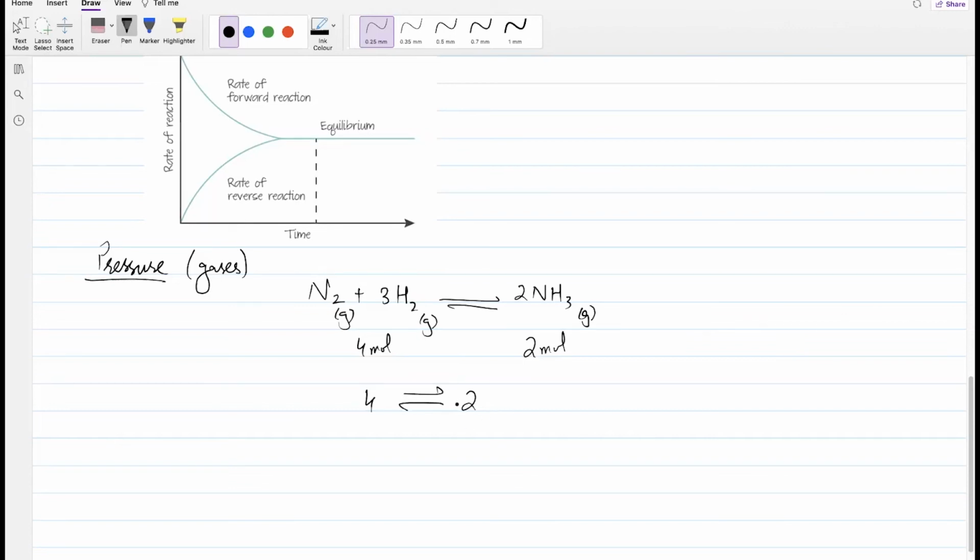Remember, I'm not saying कि वो 2 मोल हैं, I'm just saying the ratio is 2 to 4, which means the pressure of the product is half of the pressure of the reactant. क्योंकि रिएक्टेंट ज्यादा है ना, उसके मोल ज्यादा हैं, तो मतलब उसके पार्टिकल्स ज्यादा हैं, दैट मींस उनका प्रेशर कंट्रीब्यूशन ज्यादा है. दिस इज कॉल्ड पार्शियल प्रेशर.